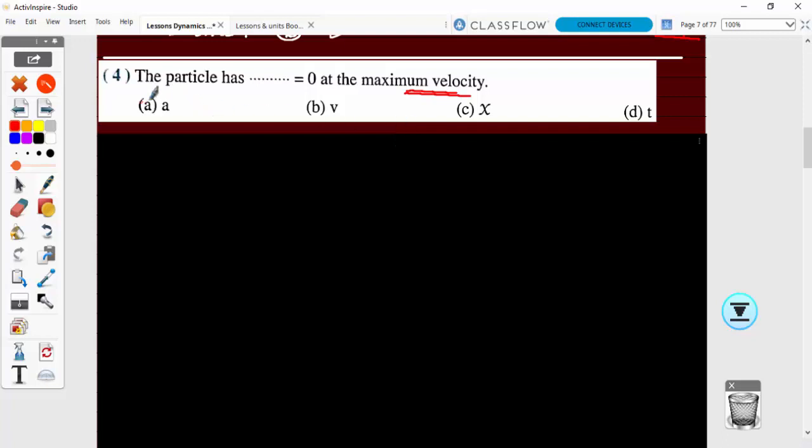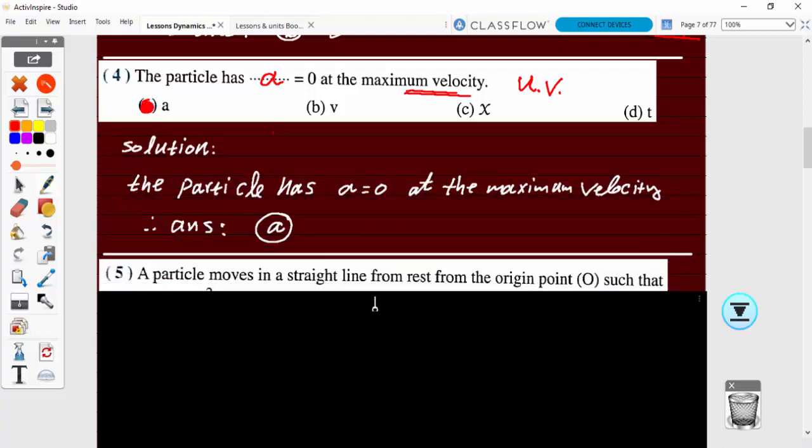So you can say that the particle has a equal 0 at the maximum velocity. At the maximum velocity, the particle moves with uniform velocity. So the acceleration equals 0, and the answer will be letter A.